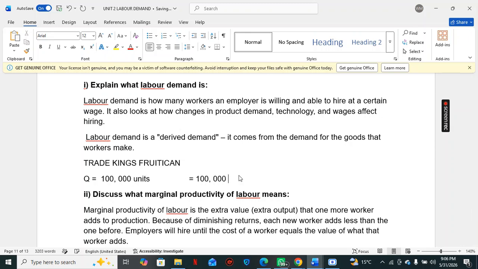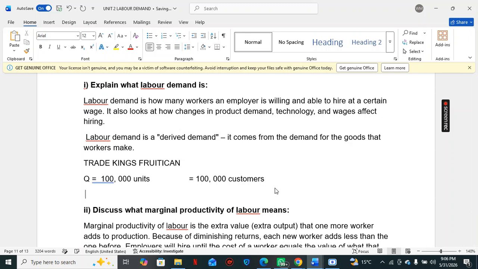And let's say they've got 1,000 workers, producing 100,000 units, with 100,000 customers.